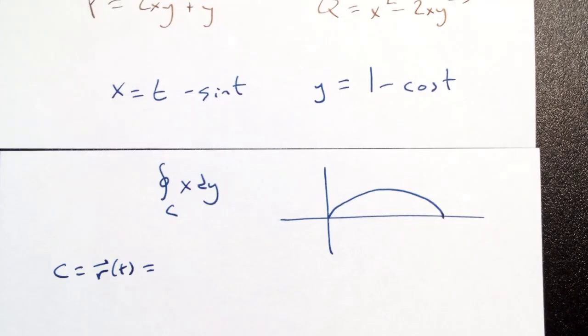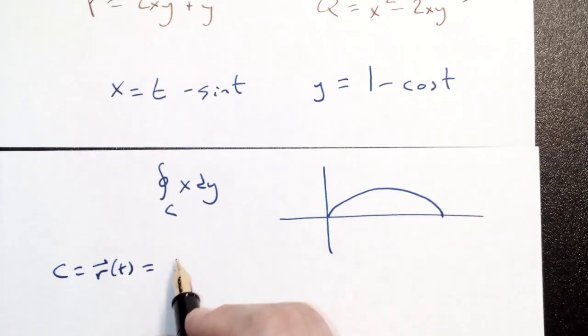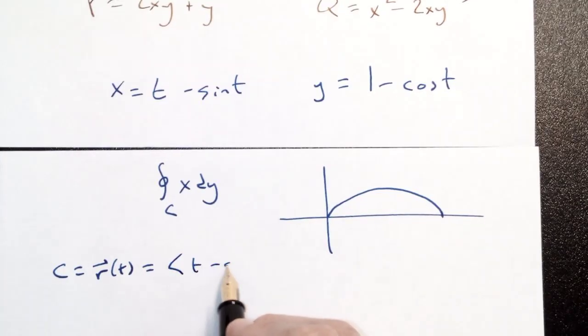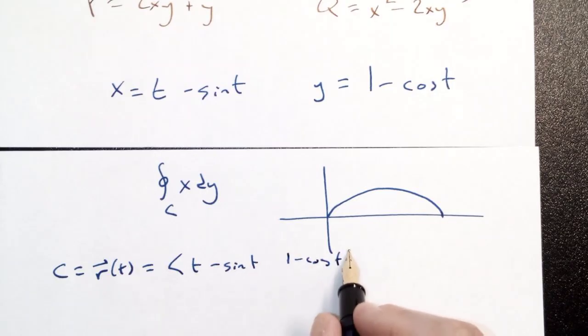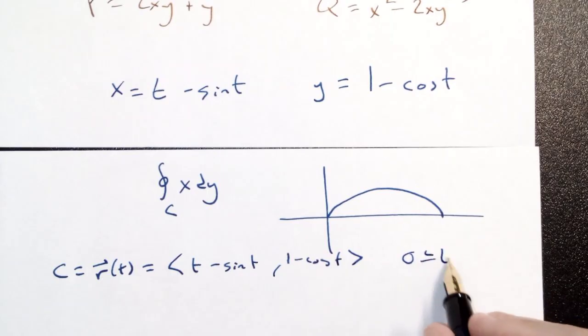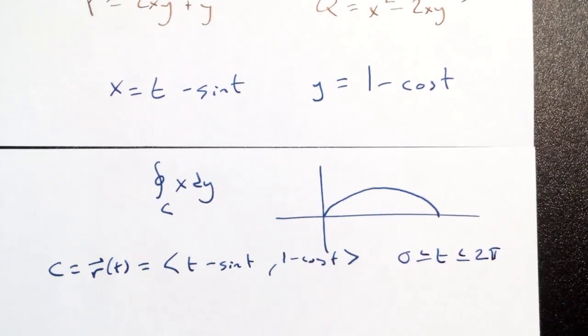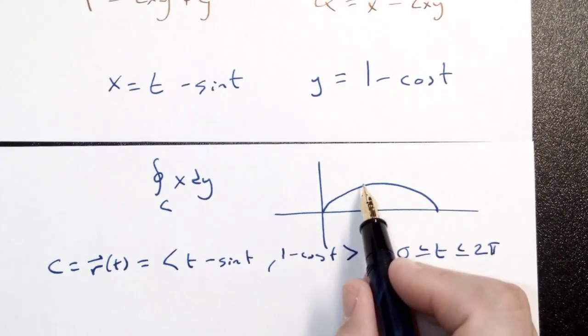What did you use for x and y? I'm hoping you used these. That's what I put in my equation. Right? When you draw that curve, that gives you this.